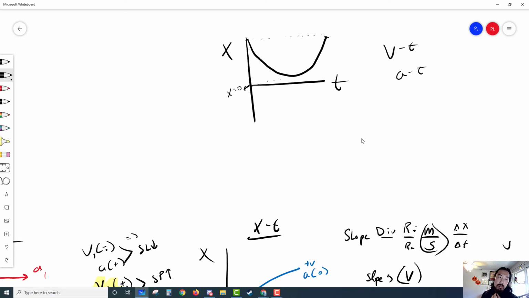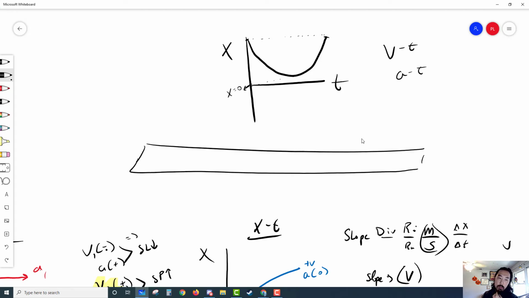So in terms of a track, if we say that right here is position 0, this person on the track started there. They went towards 0, and then they went backwards to the original position. That's what this graph shows us.